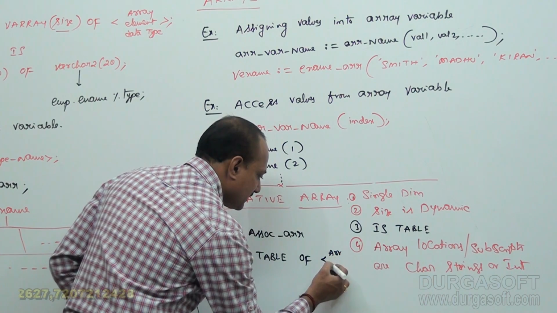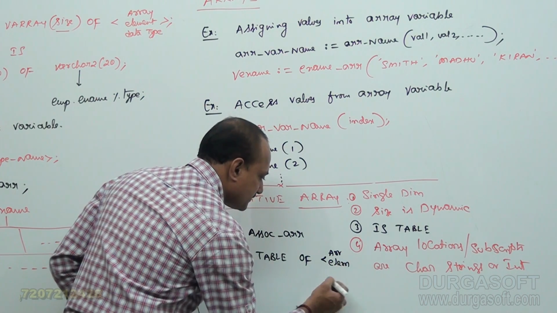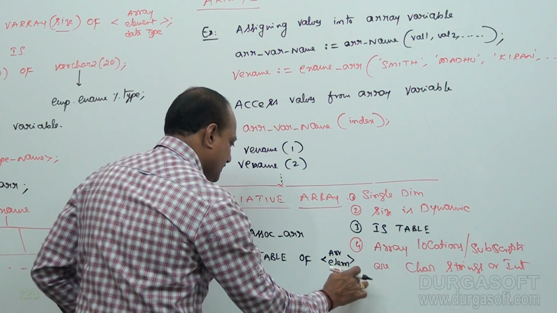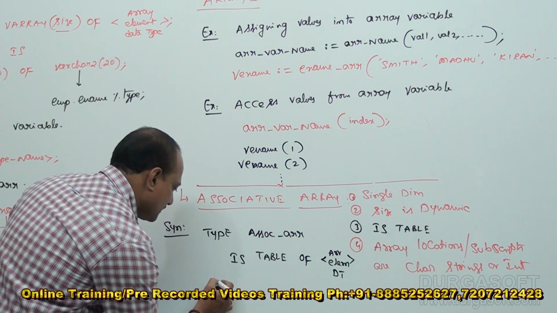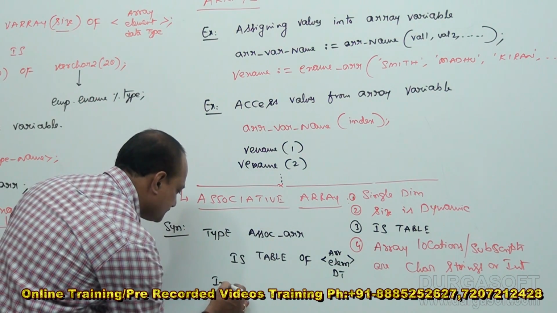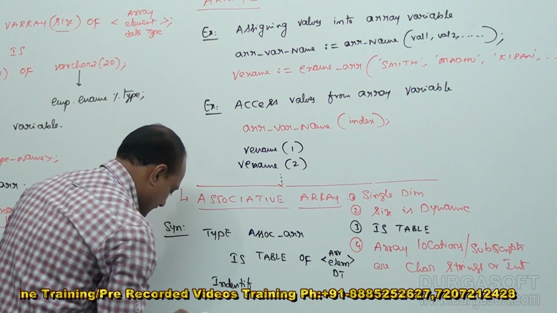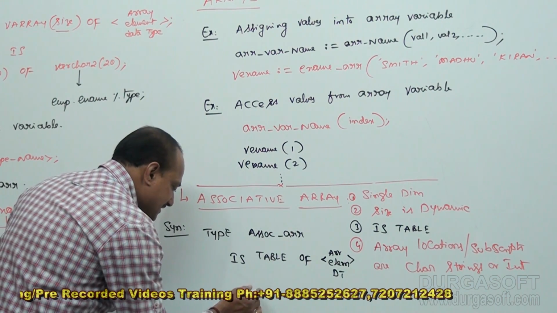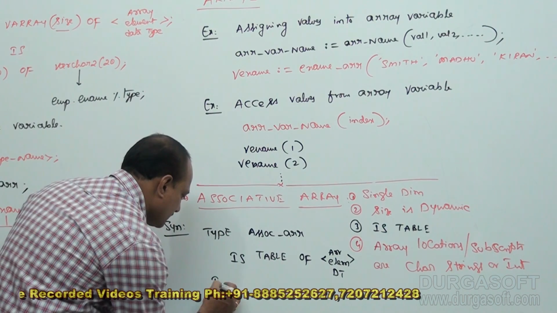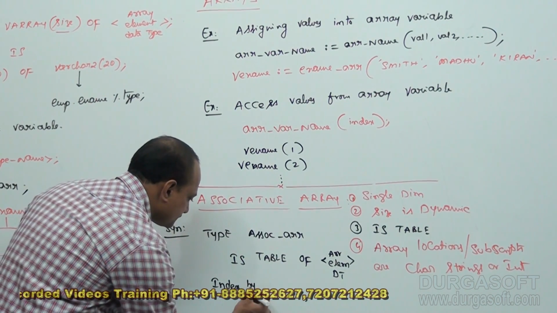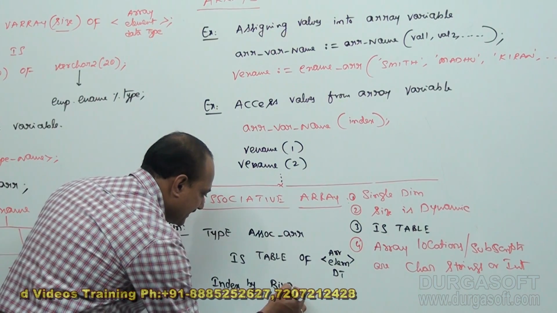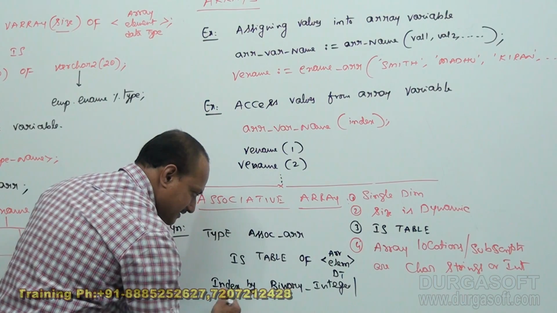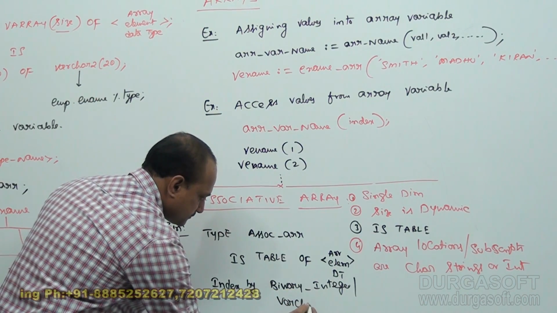Remaining everything is the same: of data type, the array element data type. Finish. And you can also specify like this: INDEX BY, either BINARY_INTEGER or VARCHAR2.